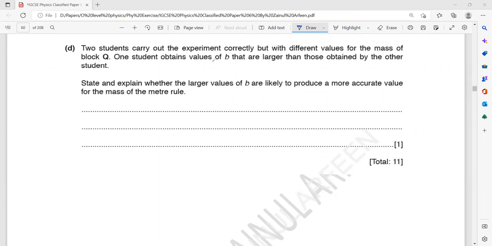Now, two students carried out the experiment correctly, but they used different values of the mass. One student obtained a value of V larger than that obtained by the other. State and explain whether the larger value is likely to produce more accurate values of a mass.